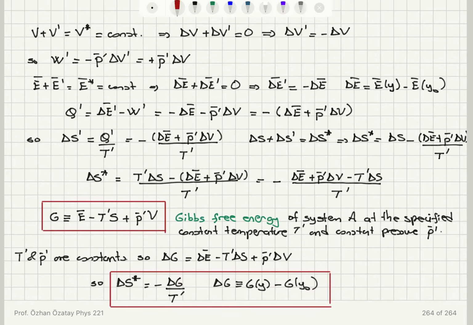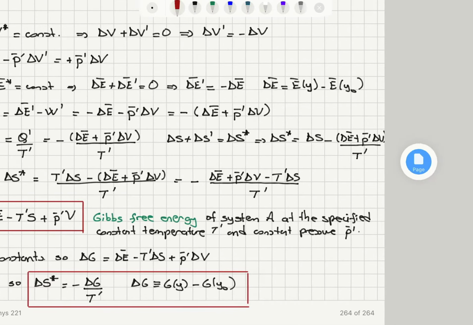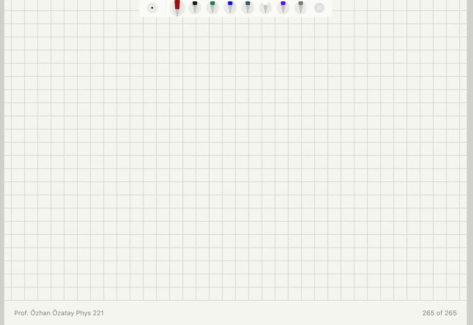Okay, so we find an interesting result here. The entropy change for the total system A star is minus the Gibbs free energy change of system A, and therefore our statement of equilibrium for this combined system will be the following.